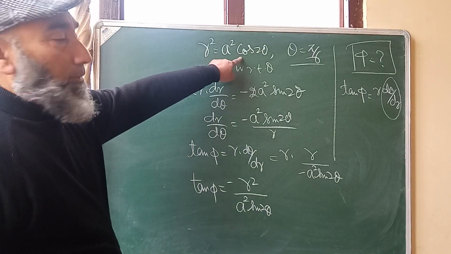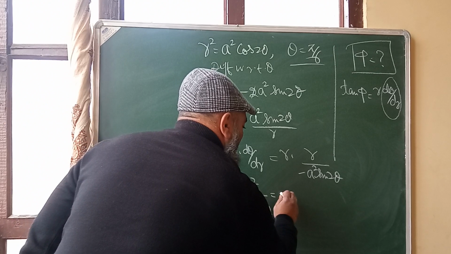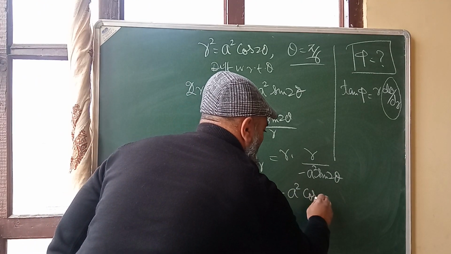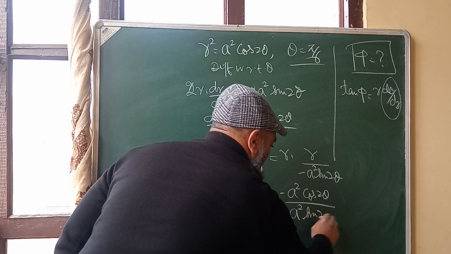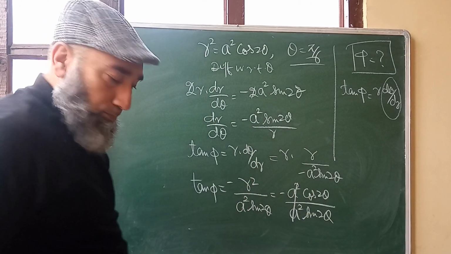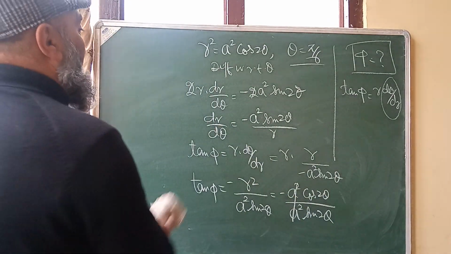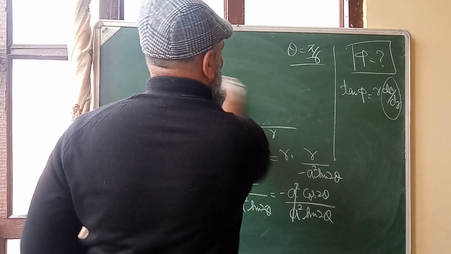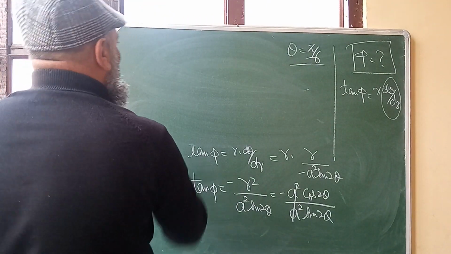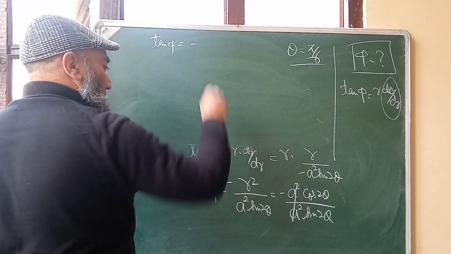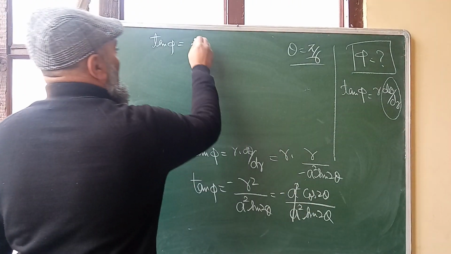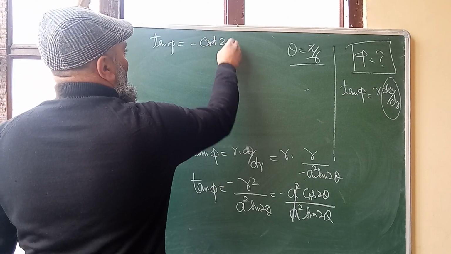But what is r square? It is a square cos 2 theta. So tan phi is minus a square cos 2 theta by a square sine 2 theta. Minus cos by sine, it is minus cot 2 theta.